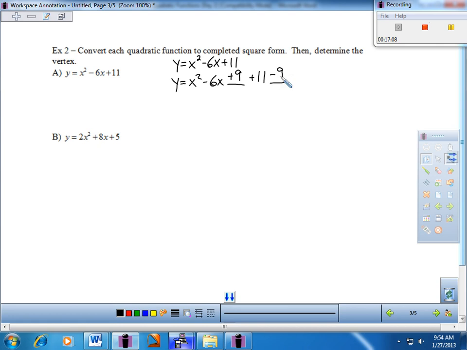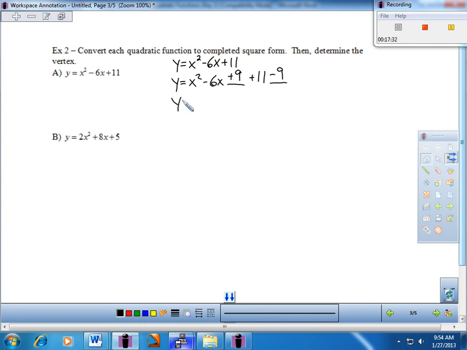I hope everyone's okay with that. So adding 9 and subtracting 9 on the same side does not affect it. I haven't changed anything. Some students over the years I've seen literally put a plus 9 on this side and then a minus 9 underneath and a minus 9 over here and then do it that way. Fine. But you don't want to mess with this side because it's a y equals.